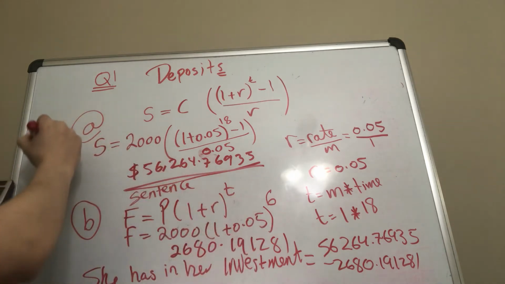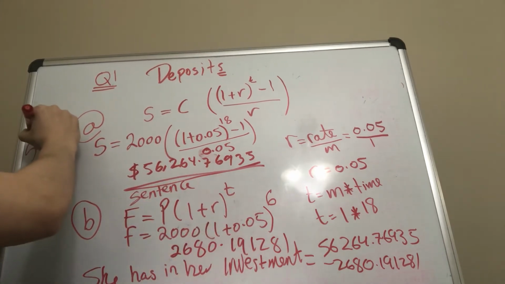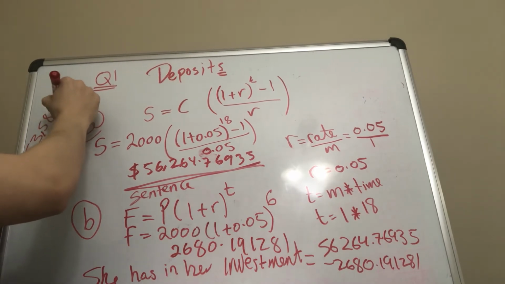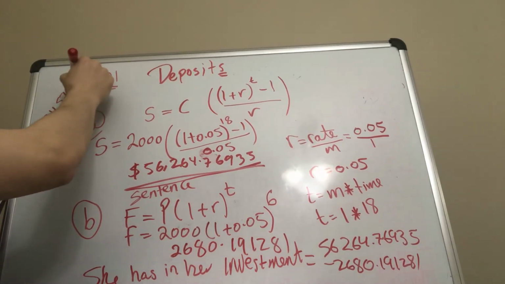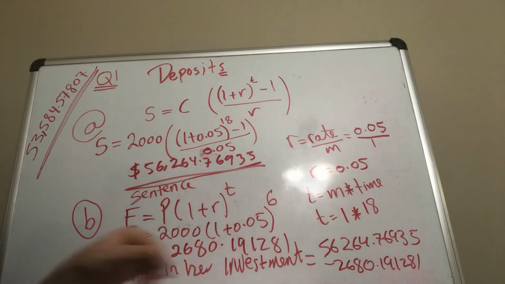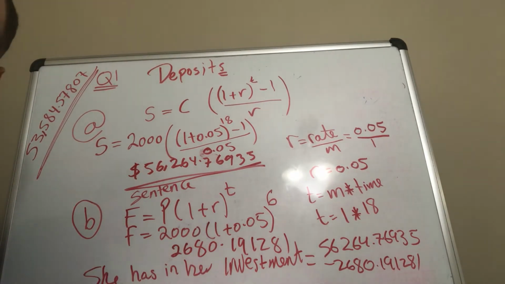So, final answer, she would have in her investment 53,584.57807. That's the answer for the first question, question number 1.